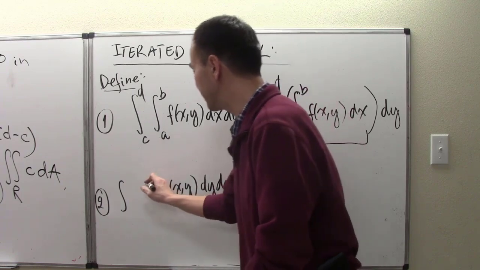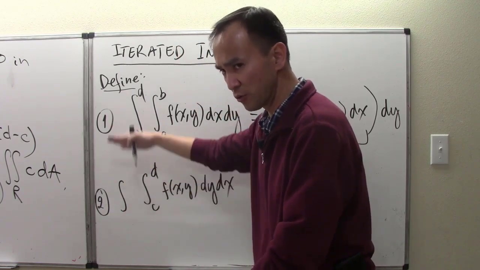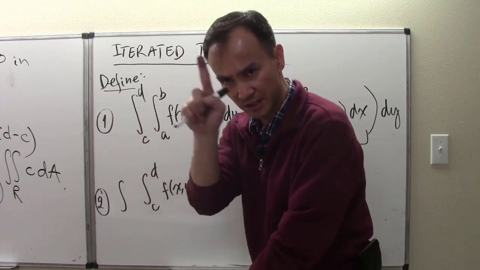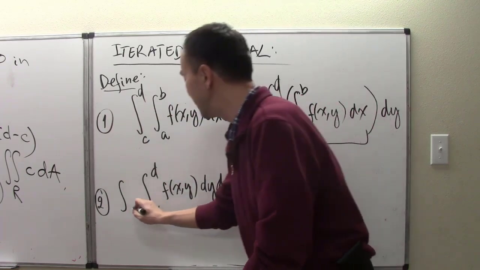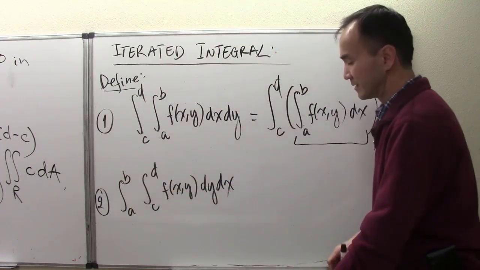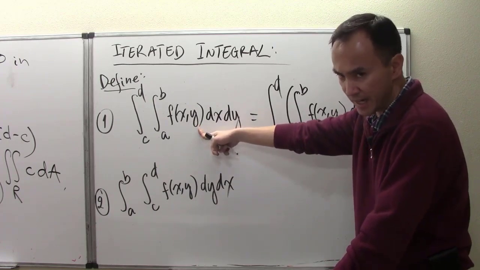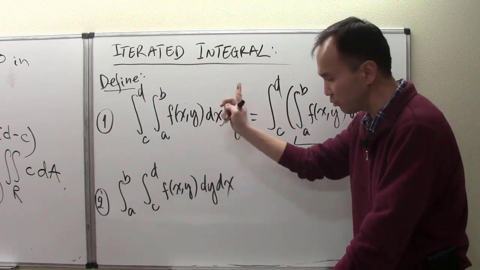The first level is from c to d, and this is only working on a rectangular region right now. The outer one is from a to b. So it's a separate iterated integral, and I'm not saying anything about whether these are equal or not.